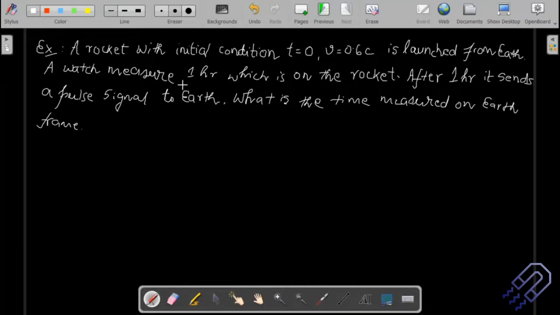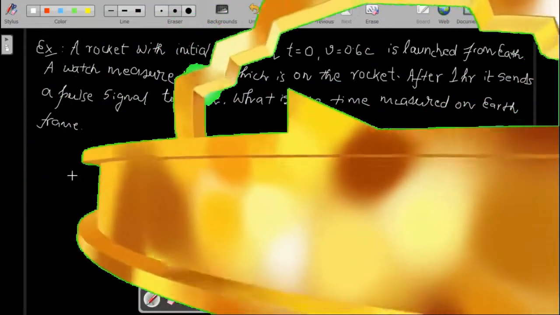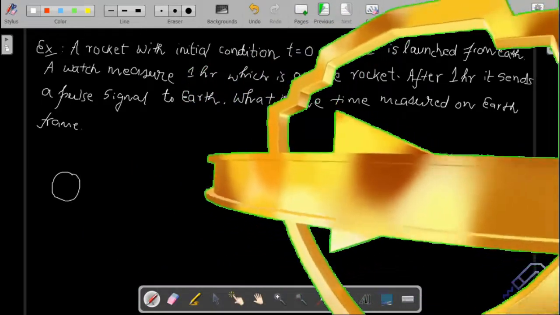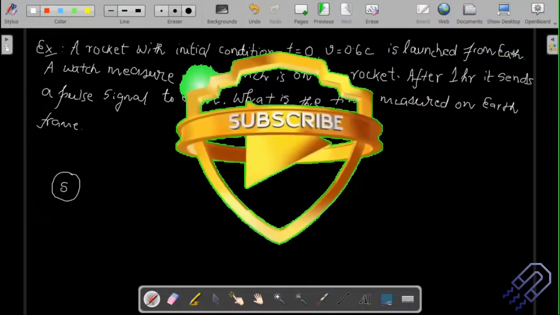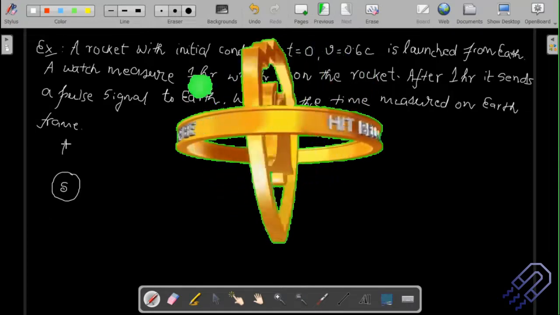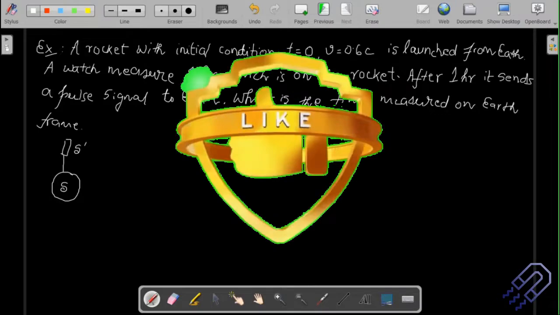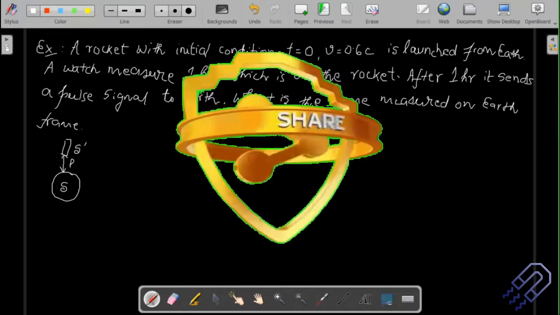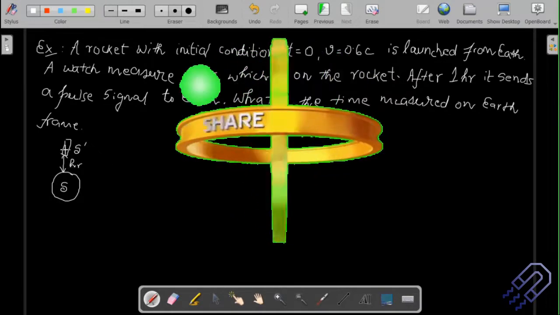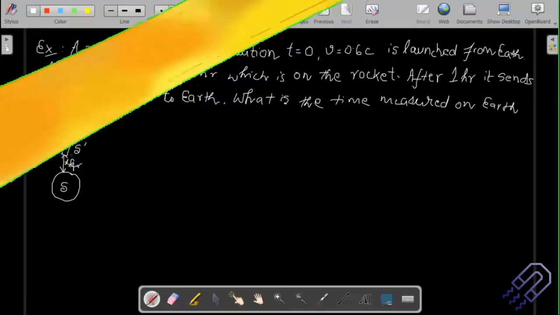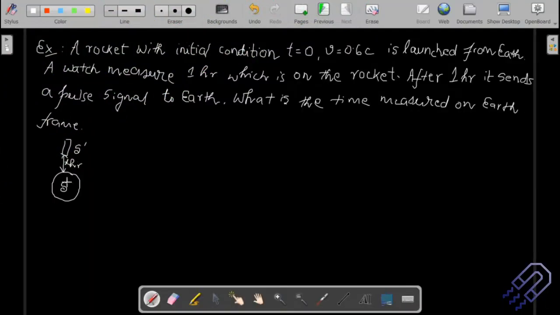And then the pulse starts, that hour has passed, and maybe this is your Earth, which is the S frame, and this is your rocket, which is the S prime frame. It takes 1 hour from here to there. Let me write it as X hour, because it's 1 hour of the rocket, but from Earth we will measure something different, maybe X hour.